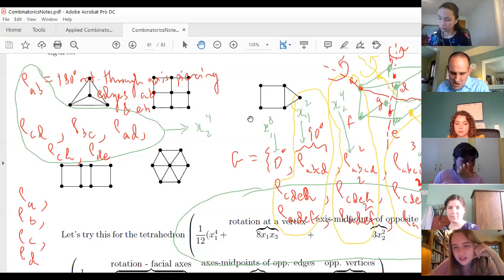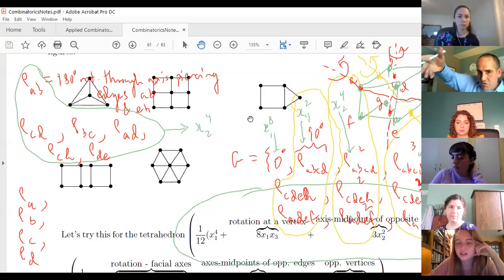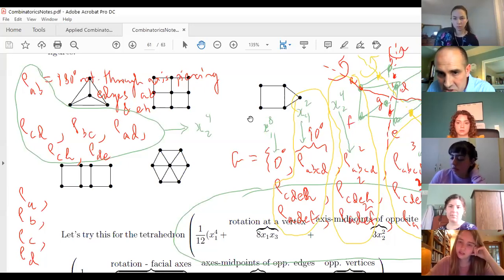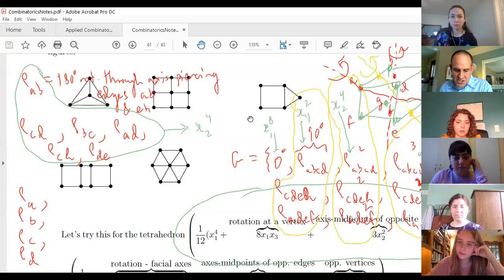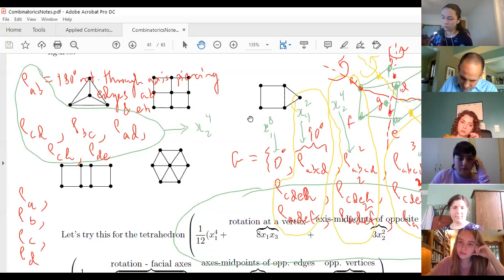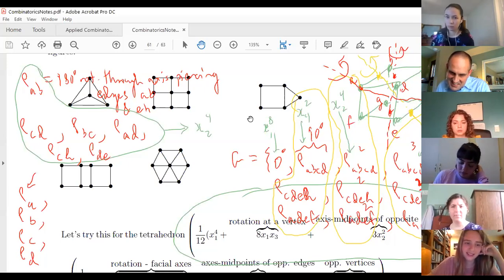Also, what else would you have to do? So first of all, how much rotation is happening? Think about it. If I'm rotating on one of those vertex axes, how much rotation is actually happening? 90? Not 90. 180?